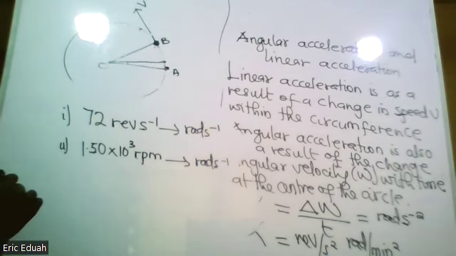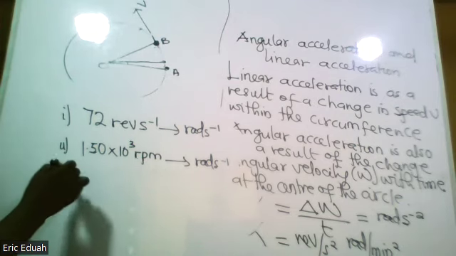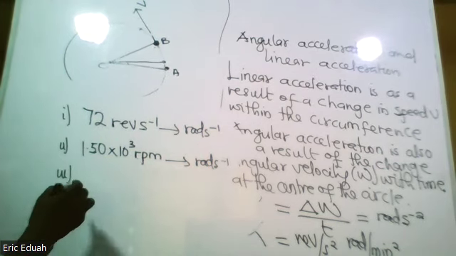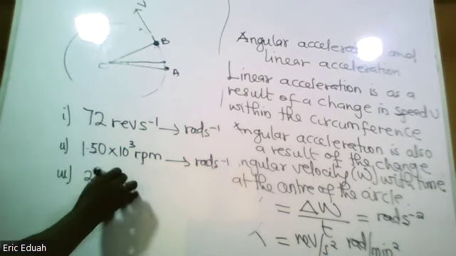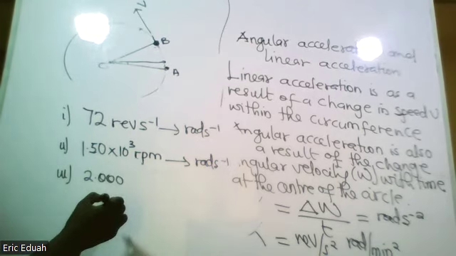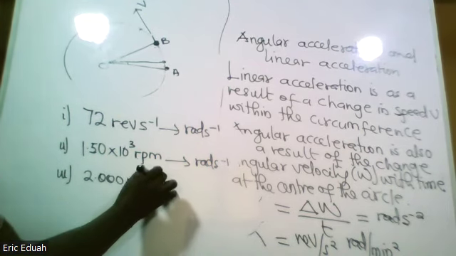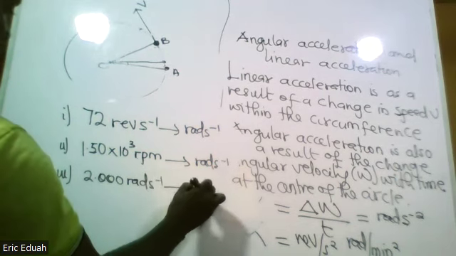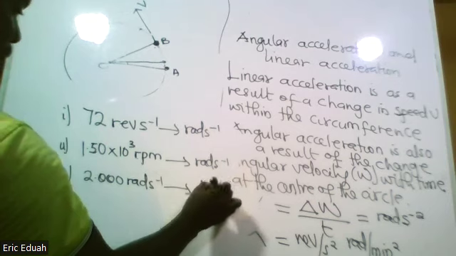The last one: convert 2.000 radian per second to degree per second.